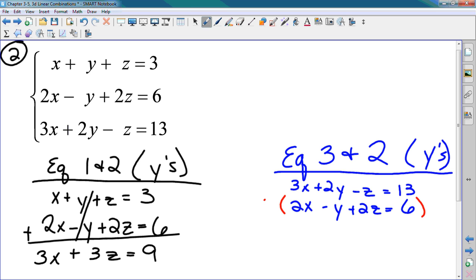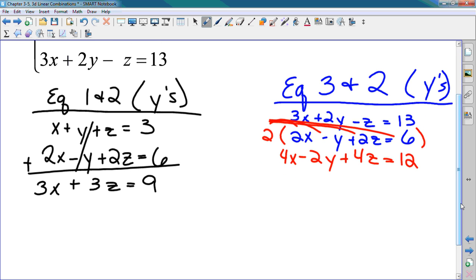You'll multiply this by 2. So that gives me 4x minus 2y plus 4z equals 12. Now, can you add the equations 3 and 2 and get rid of the y's? Yes?